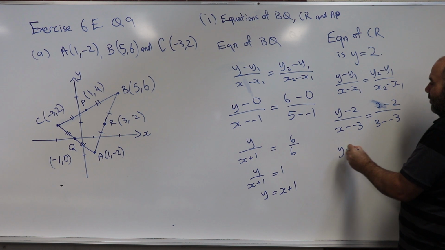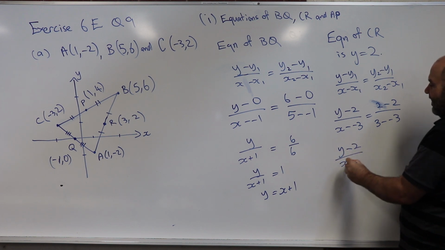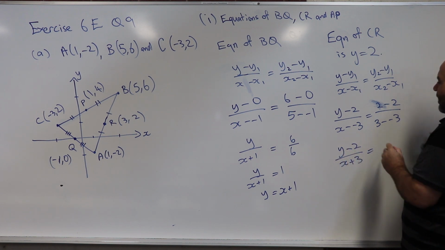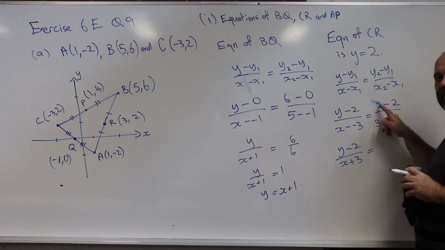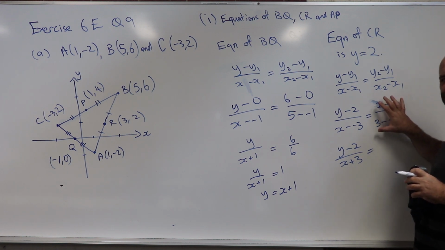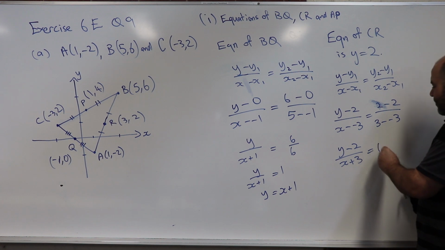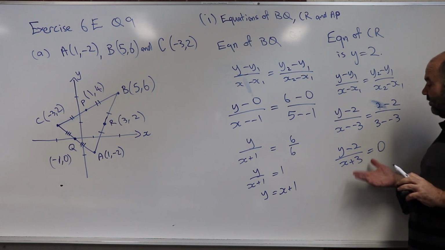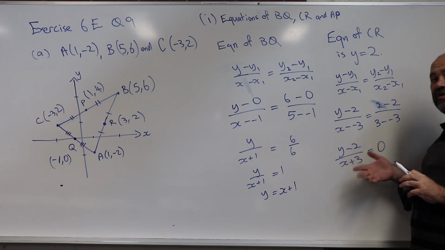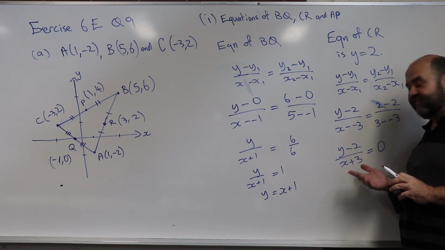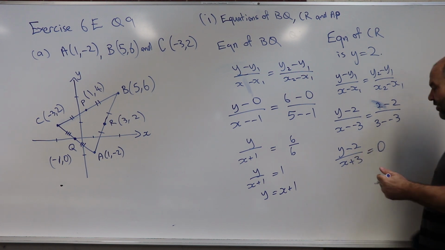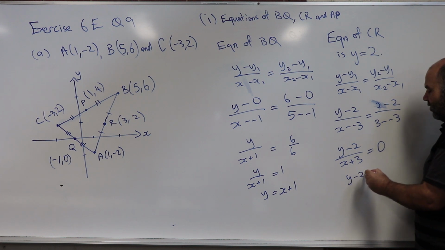So I get y minus 2 over x plus 3 equals, now look at this right hand side, 2 minus 2, which is 0, so the whole fraction is going to be 0. Now I've got a fraction that equals 0. The only way a fraction can equal 0 is if the numerator is 0. So y minus 2 is 0.